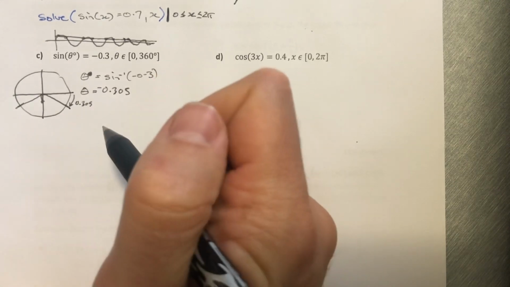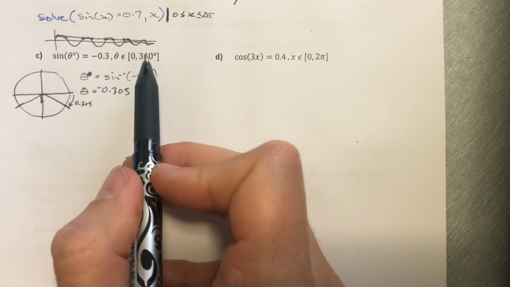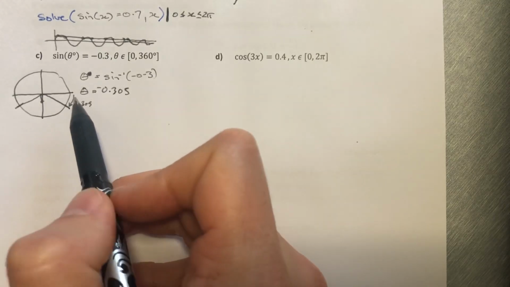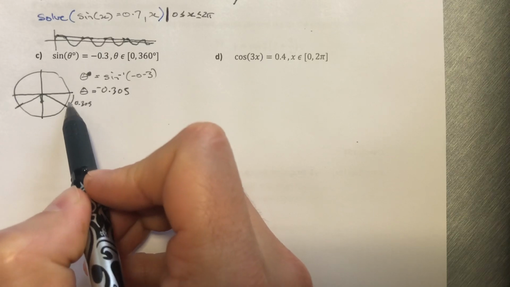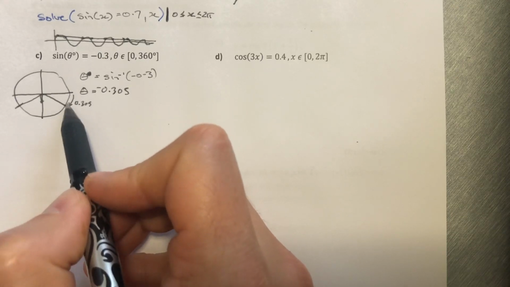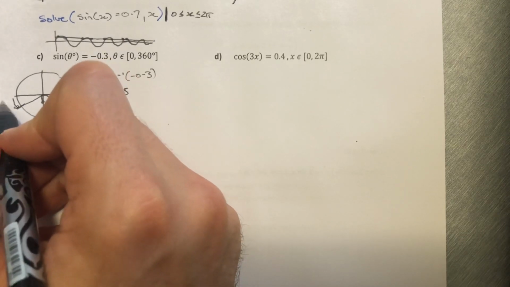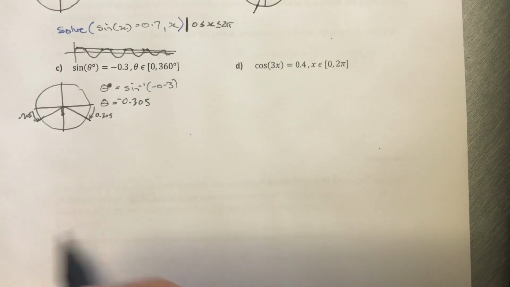So I don't necessarily want those negative answers because that's not the domain that I've been asked for. I want positive. So that's okay. We can use our answer to work it out. So I know that this is 0.305. This is symmetrical, so this has to be 0.305 as well.